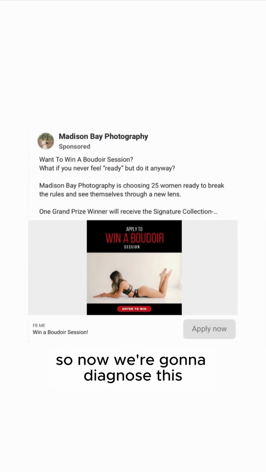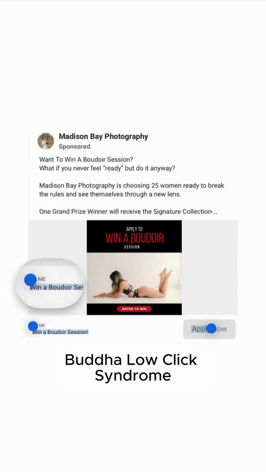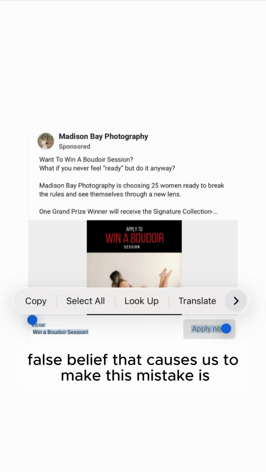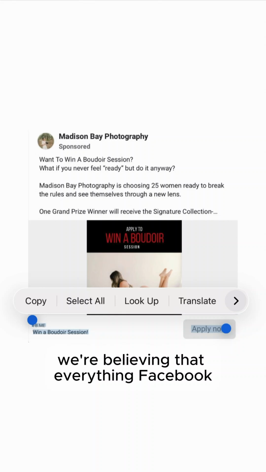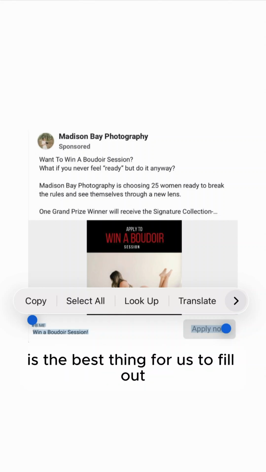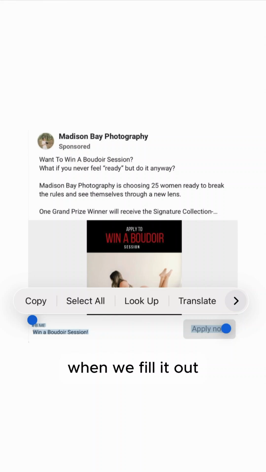All right, so now we're going to diagnose this if we believe it has BLCS, Boudoir low click syndrome. First thing I'm seeing, we've got the below creative cluster mistake. The false belief that causes us to make this mistake is we're believing that everything Facebook tells us or recommends us to fill out for our ad is the best thing for us to fill out, and not the best thing for Facebook when we fill it out.